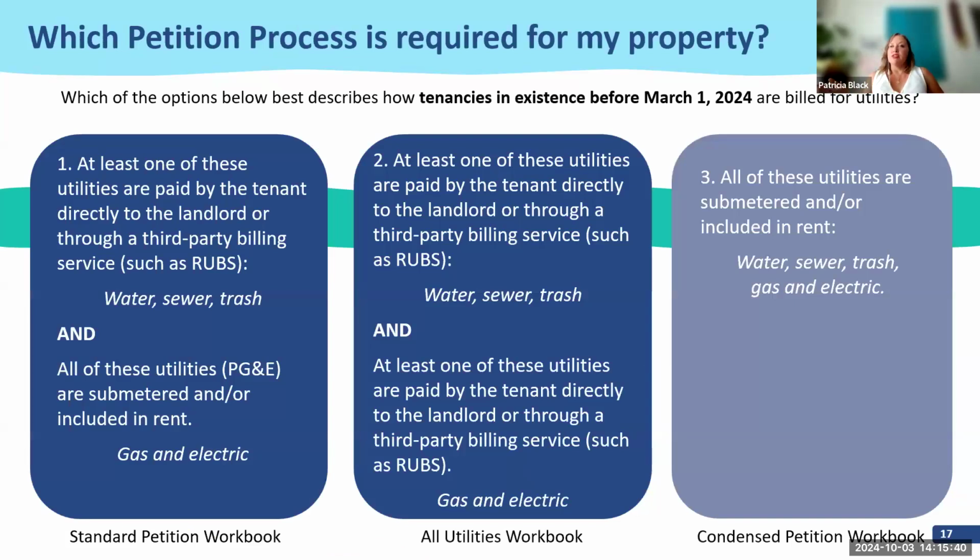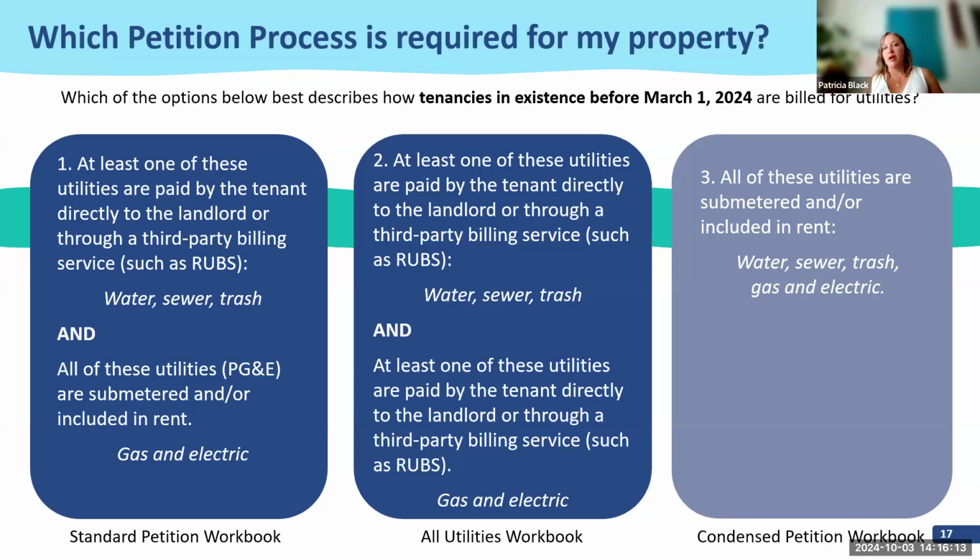So this is the big question: which petition process is required for your property? This is based on how tenancies in existence before March 1st are being billed for utilities. There are 3 different workbooks. Most property owners will work with our standard workbook, which is for properties where RUBS is being used for garbage, water, and trash. We also have some unique properties where what's typically in PG&E is also being billed through RUBS.